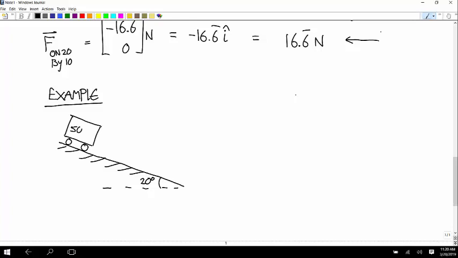And let's say there's a cart of 50 kilograms in contact with a cart of 30 kilograms, and a force applied this way of 500 newtons.